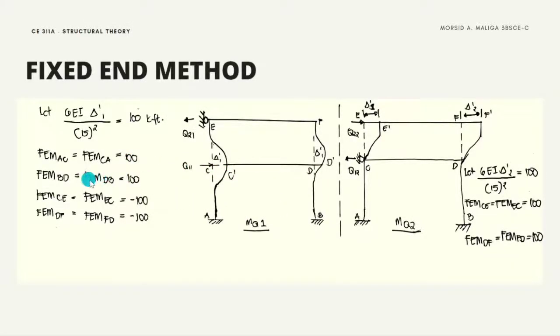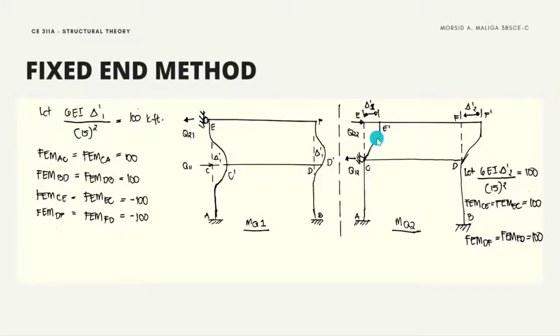Same with BD and DB: since it is to the right, it is positive 100. From point C to E, it is to the left, so negative 100 is our fixed end moment. Same from point D to F, since it bends to the left, it is negative 100.